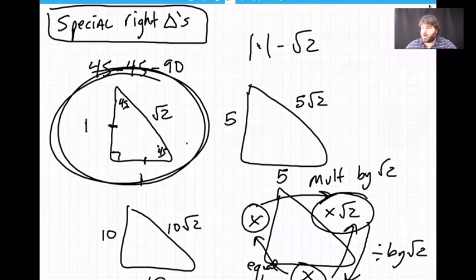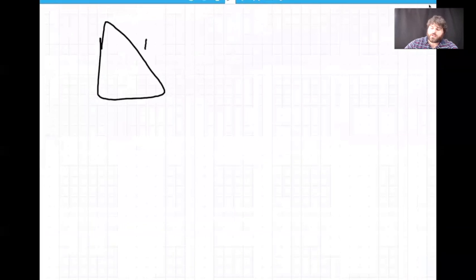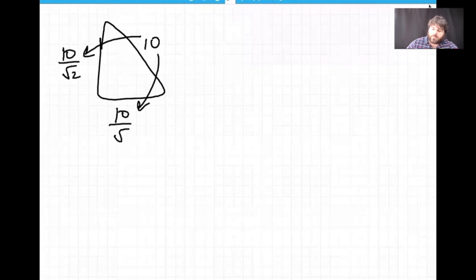So an example would be if this is 10. This one's tricky. It doesn't have a square root of 2, so I don't just use the number in front. What I have to do is divide by the square root of 2. So 10 divided by the square root of 2. This one is also 10 divided by the square root of 2 because these two should be equal to each other.